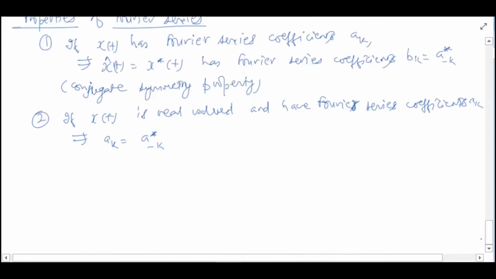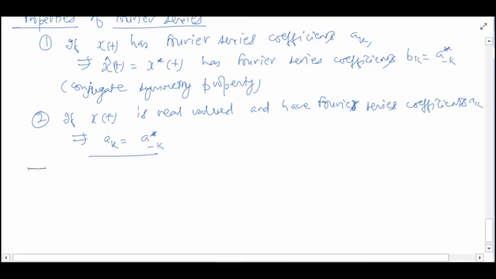In particular, this says that if x(t) is real valued, we only need to compute a_k for non-negative k, and we can retrieve a_k for negative k from these values.